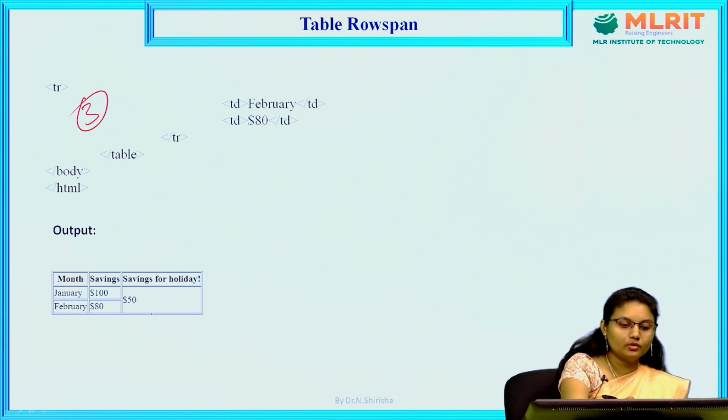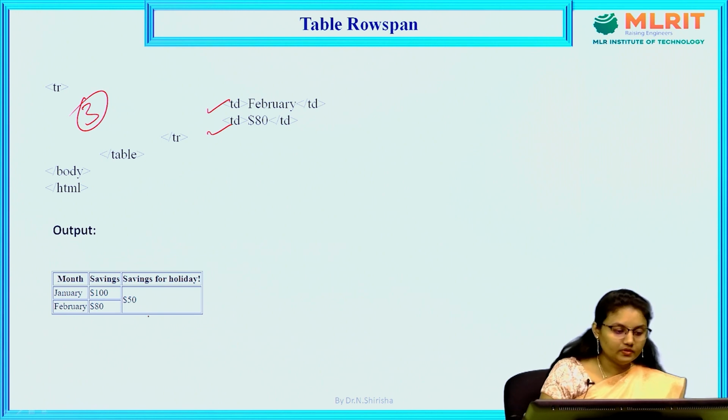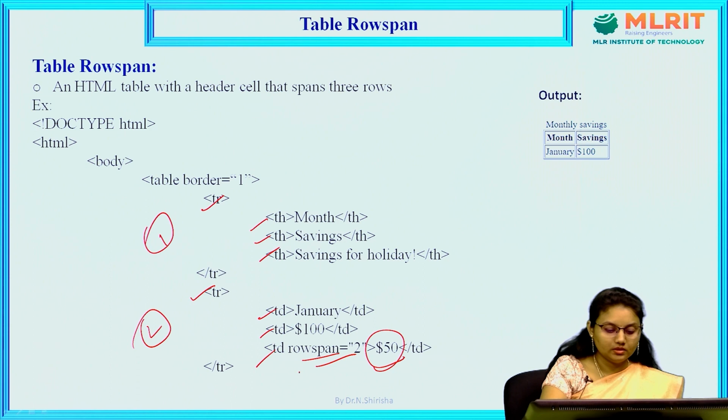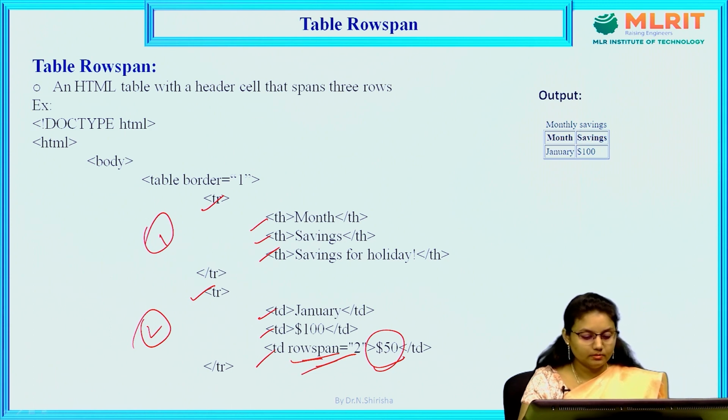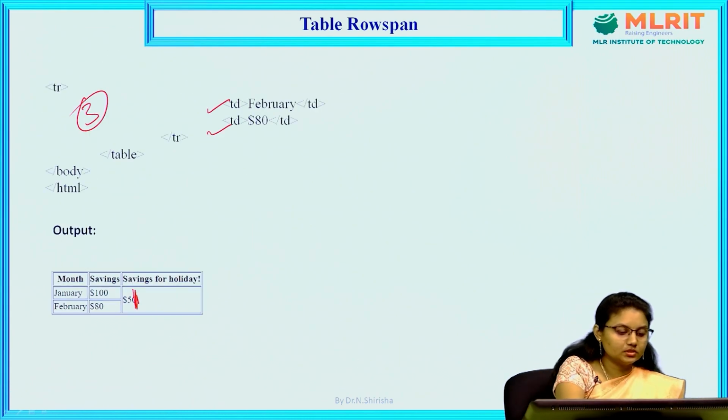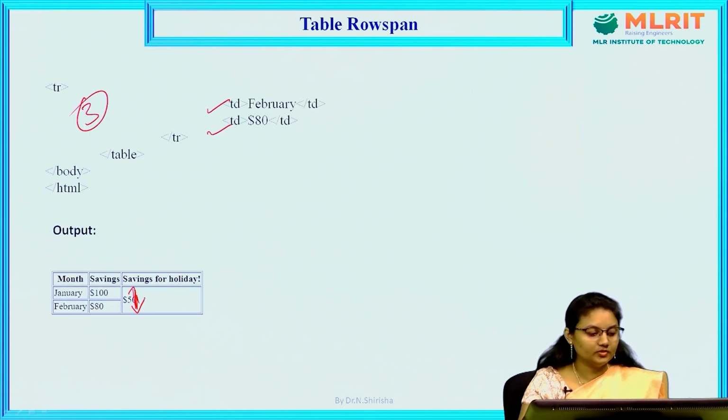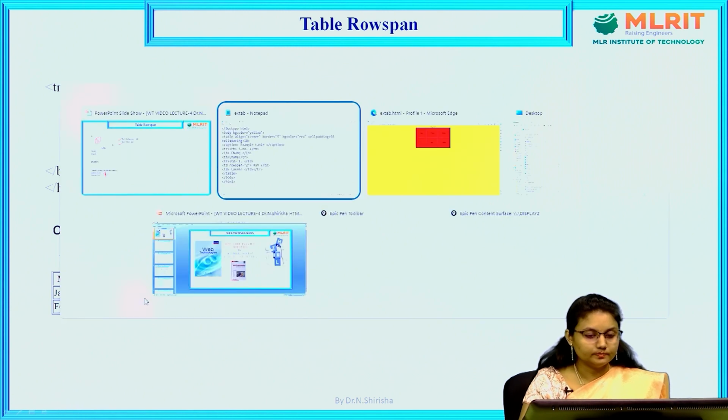So third row also, you have taken 2 data, right? So 2 data. Wherever you have taken the third one here, third data, here the data has been merged. If you see here, this is merged. Clear? Column wise.